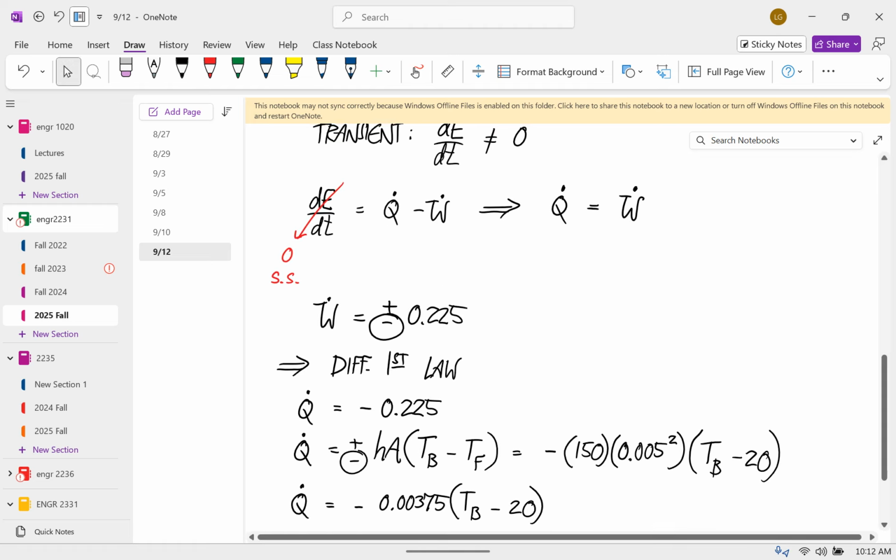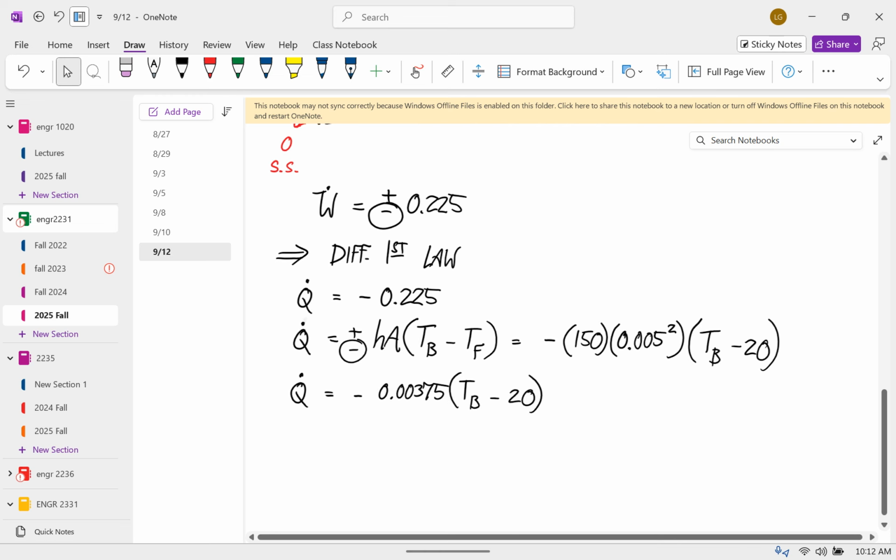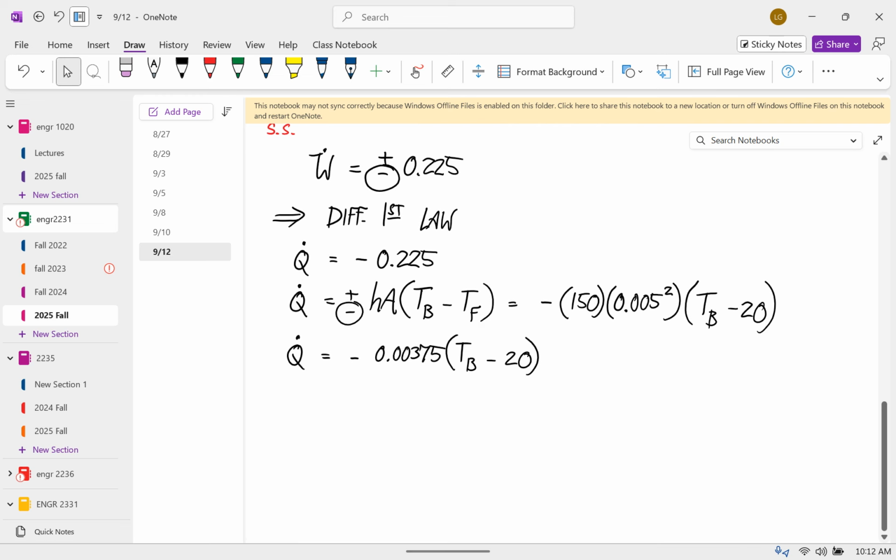And now put it back into the first law, and you get that negative 0.00375 times the quantity TB minus 20 is equal to negative 0.225.